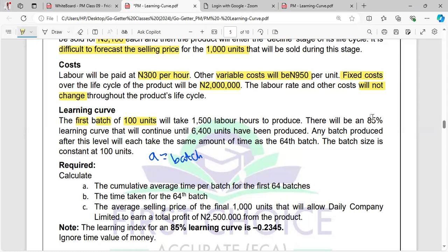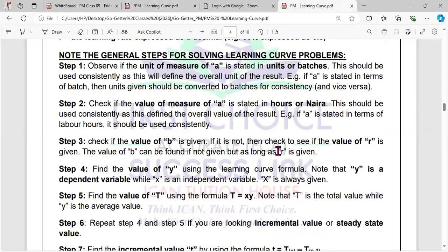Then they said there will be an 85% learning curve. Oh, sorry, I'm getting ahead of myself. The first batch of 100 units will take 1,500 hours. We'll go back to the next step. The value of measure of A is either going to be in hours or in naira. So it means here that this is going to be in hours.